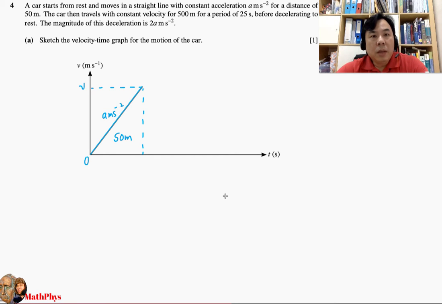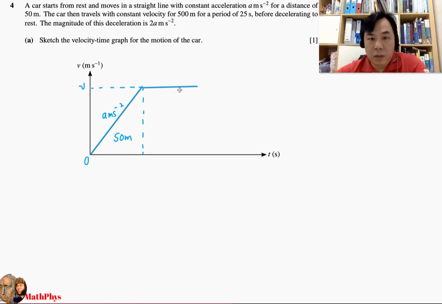Next, the car then travels with constant velocity for 500 meters for a period of 25 seconds here. So now it is moving at a constant speed. Constant speed would be a horizontal line, for 25 seconds there.